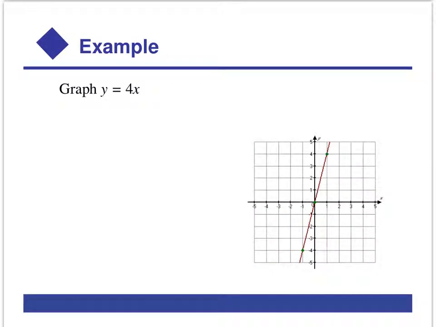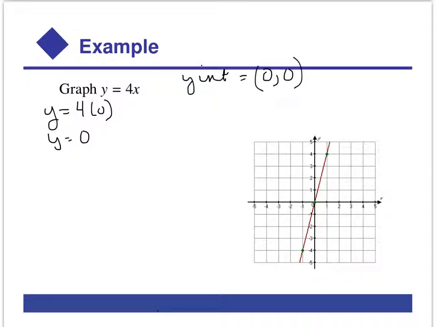So for this example, we're going to just see what we can do. I have it graphed for you, but let's work it. If we let x be 0, so 4 times 0, y is going to equal 0. So our y-intercept is going to be (0, 0).